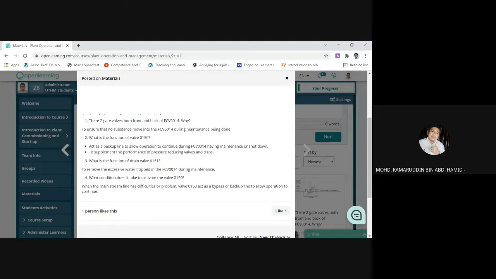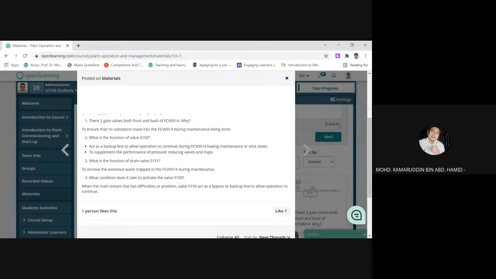Number 3, what is the function of the drain valve? To remove the excessive water trap. Okay. To remove the liquid. Yep. What condition to activate? When the mainstream line has difficulties or problem. Okay. So your answer is very general. What kind of difficulties?